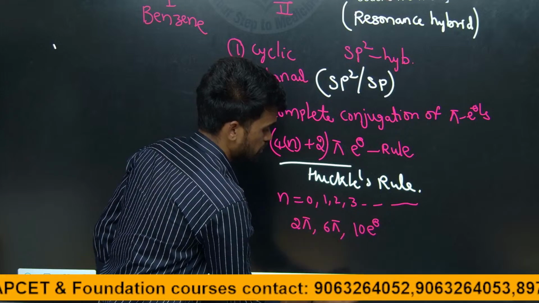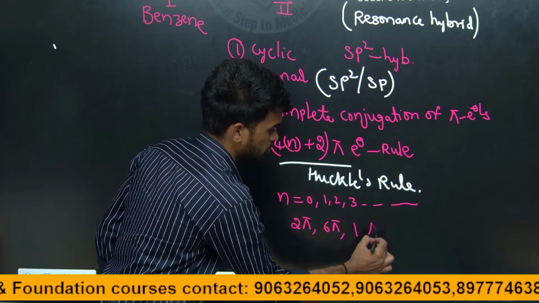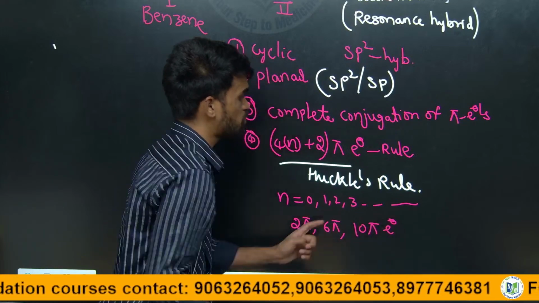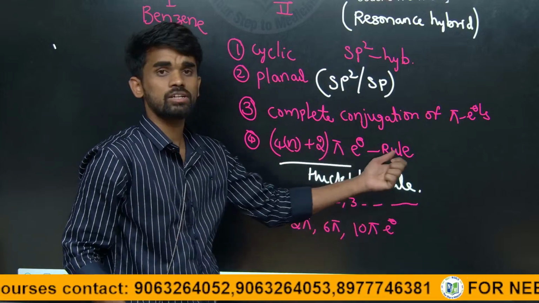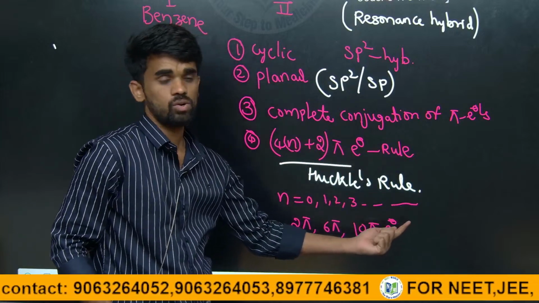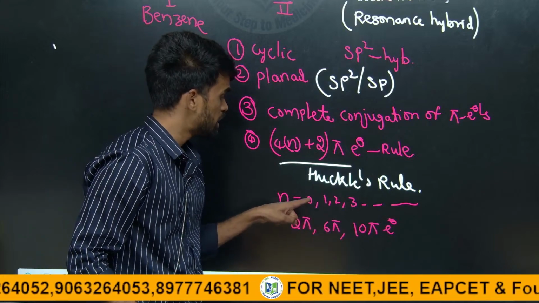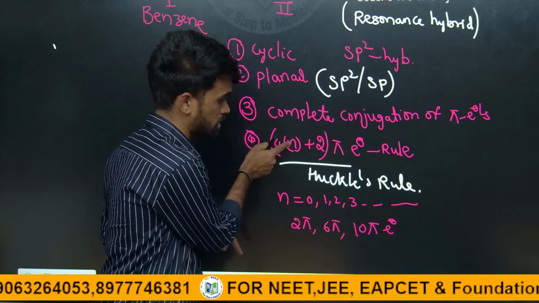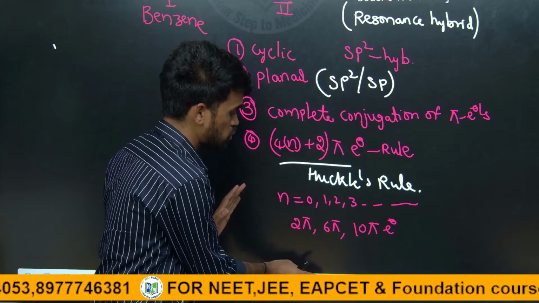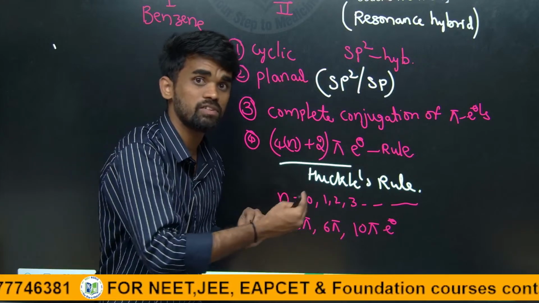We get different possible numbers from the 4n plus 2 rule. You should not be confused about what these numbers are; they come from taking these n values. I will show you some structures, which will give more clarity.